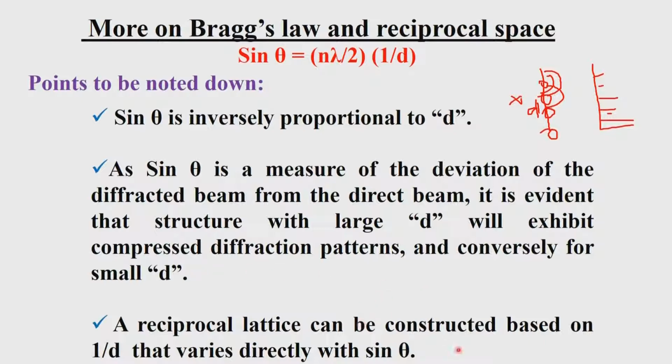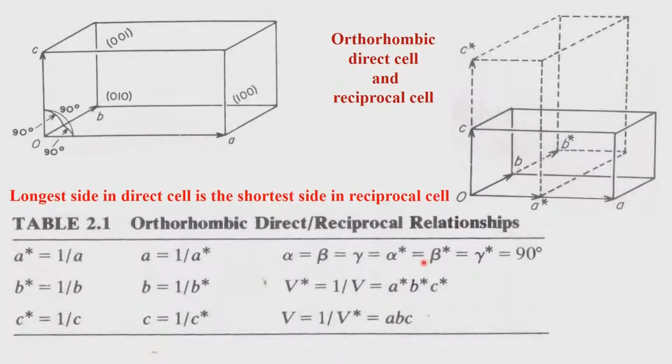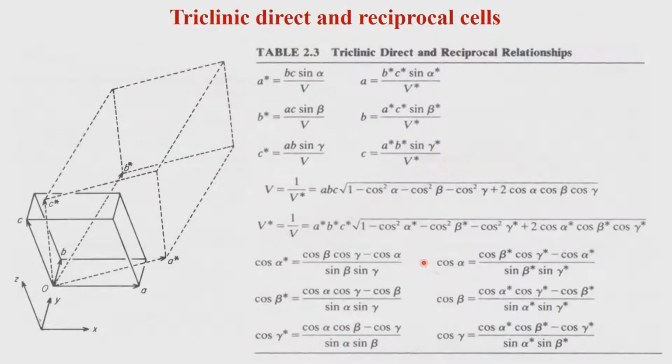And we also said that once we have the 1 over d HKL values, we can directly generate the reciprocal lattice, and we showed with examples the generation of the reciprocal lattices with respect to various planes. And then we said that in the case of the orthorhombic system and the monoclinic system, we calculated the direct space and the reciprocal space relationships, and also assumed the values associated with the triclinic system.